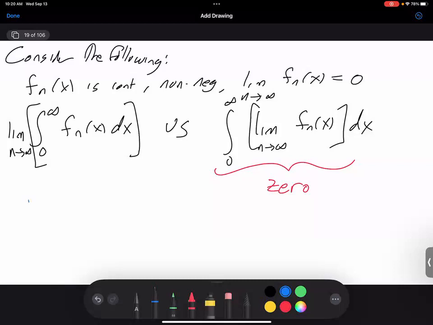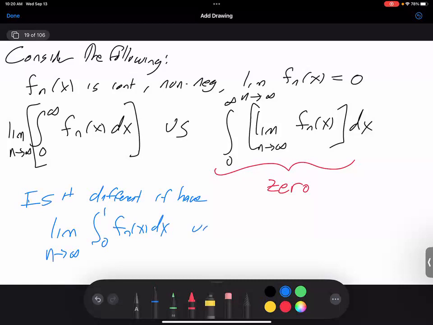So is it different if we have the limit as n goes to infinity of the integral, let's say from 0 to 1, f_n of x dx, versus the integral from 0 to 1 of the limit as n goes to infinity, f_n of x dx?